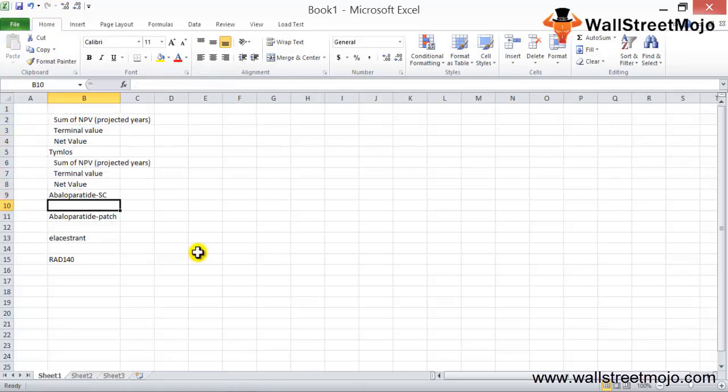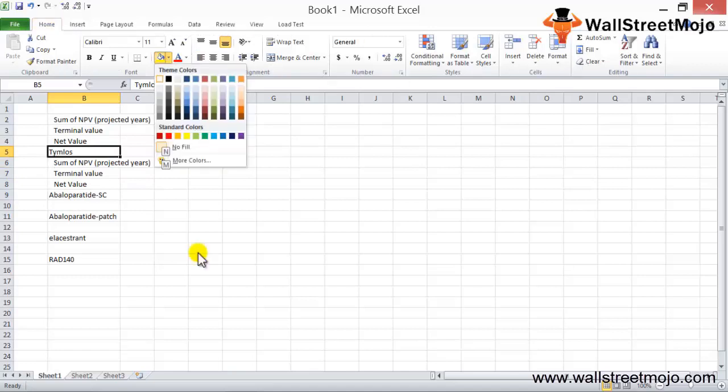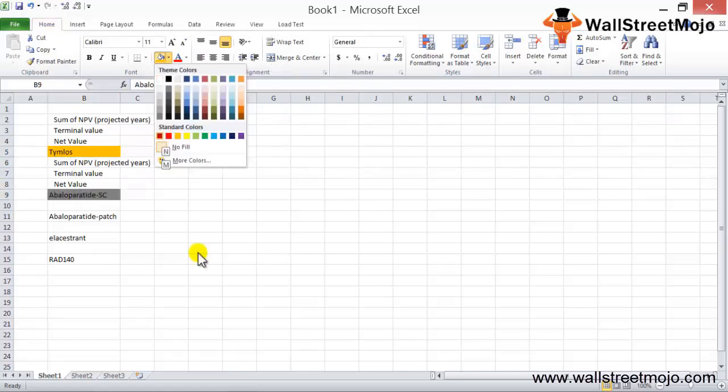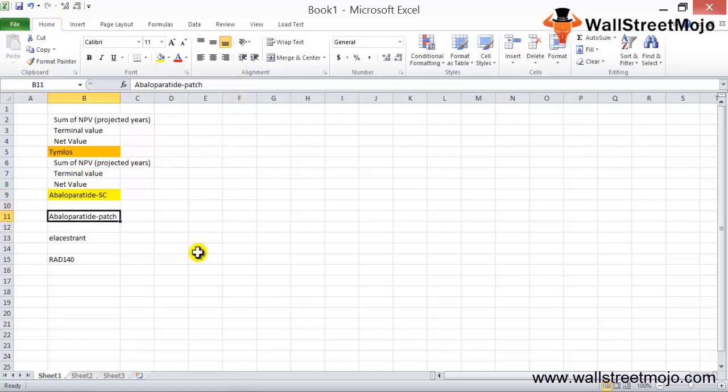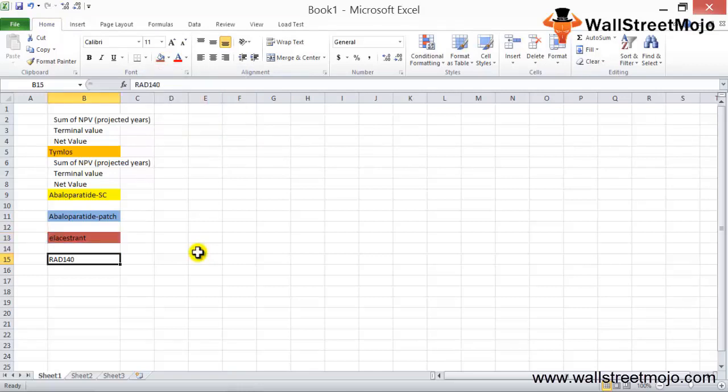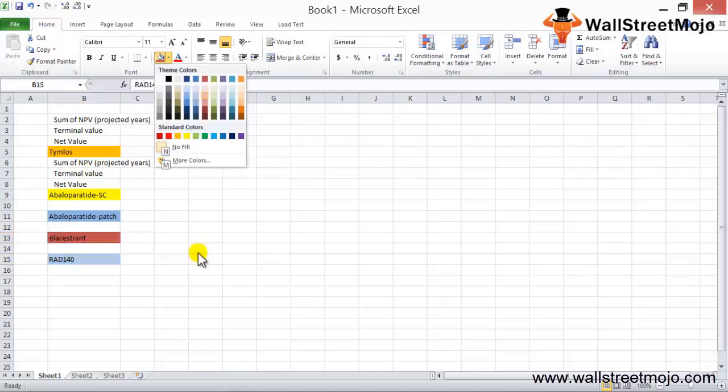This is for this, and let me also color code them. So this is the first color, this is second, third, fourth, and fifth, the final one.